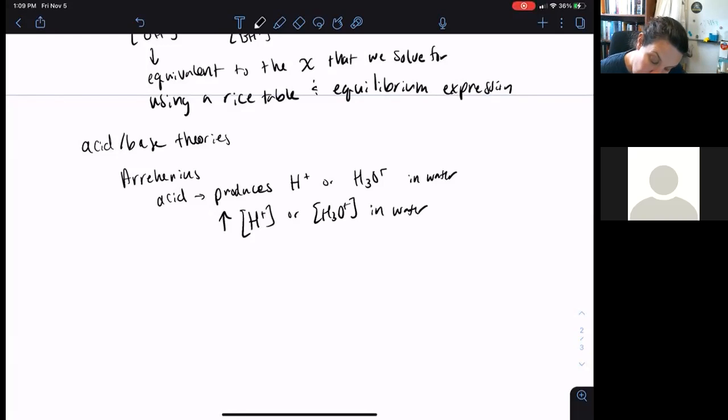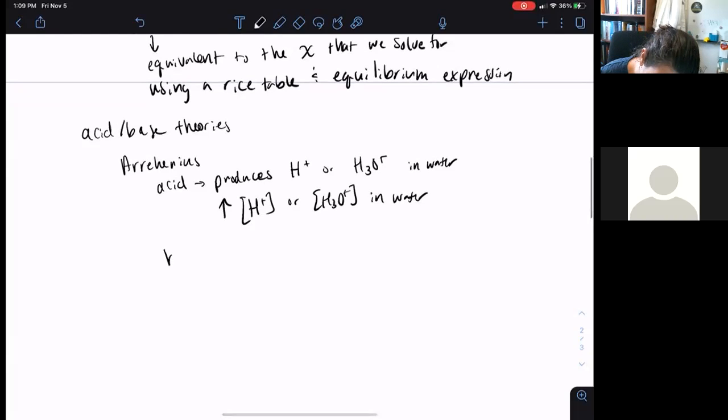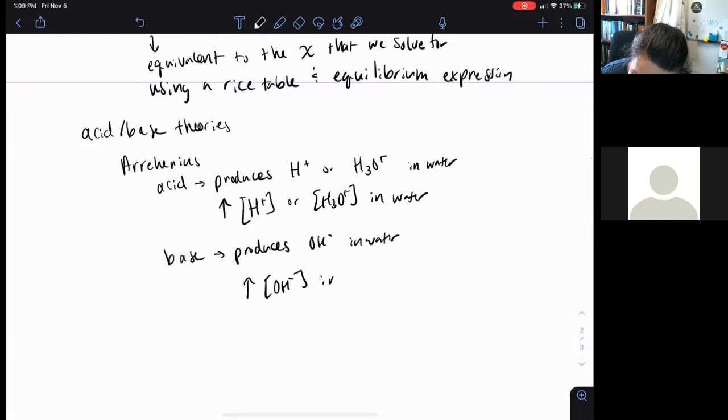And then our base produces OH minus in water. Again, we can also just say that it increases the hydroxide concentration in water. Either one will work.